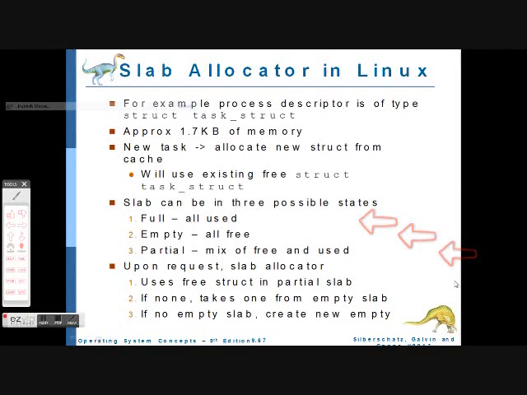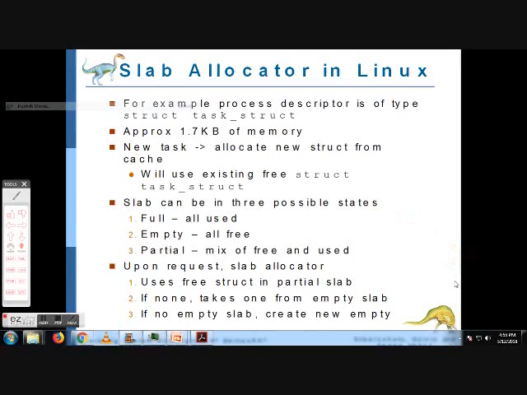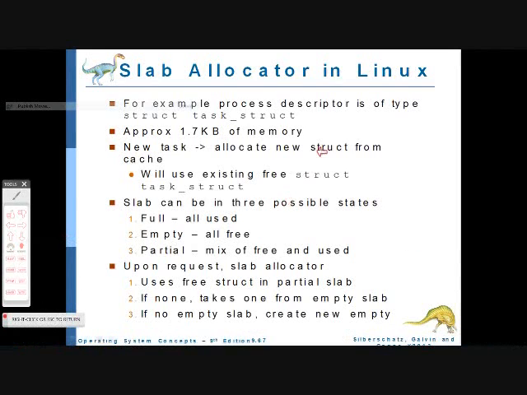So, upon request, the slab allocator uses a free struct in a partial slab, given that the process is actually asking for a slab for the task struct data structure.